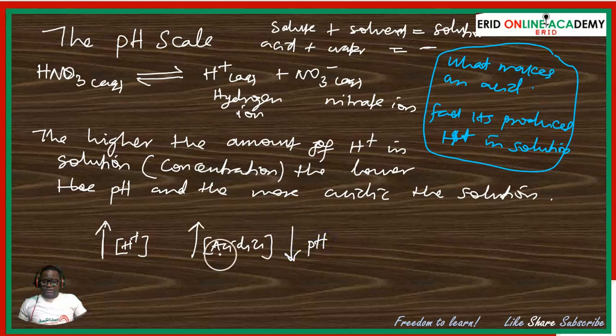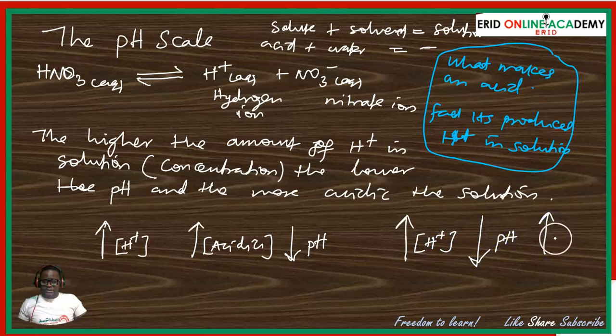So you can see that it is opposite. The greater the hydrogen ion concentration, the lower the pH. And the lower the pH, the higher the acidity of the solution. Very important to get this concept. So let's consider that of a base.